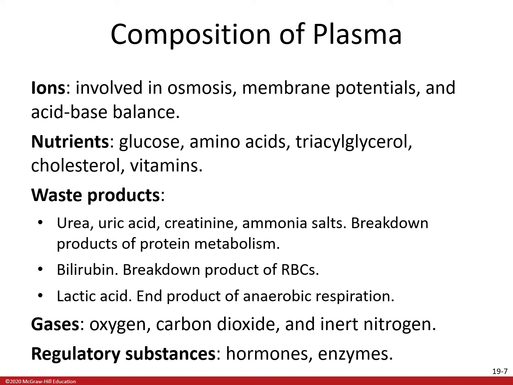We are going to have gases in our plasma, so a little bit of oxygen, but not anywhere near how much oxygen our red blood cells can hold, but a little bit is going to be in our plasma. Carbon dioxide and inert nitrogen. And then we are going to have some regulatory substances such as hormones and enzymes.